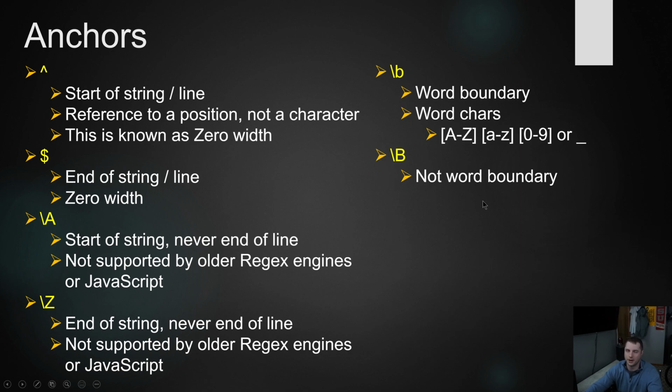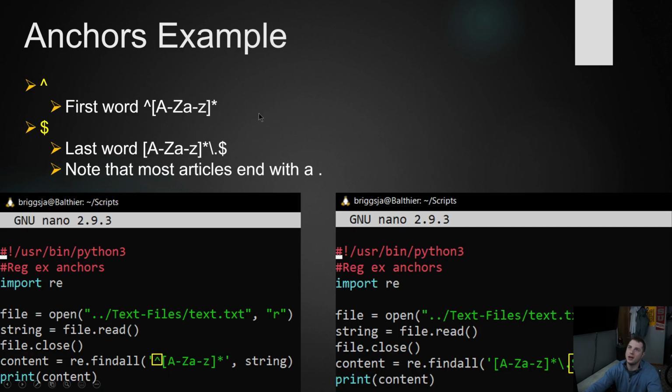And \B, not a word boundary. Sometimes you need these. I've needed this before, and I think I've used that once. Again, cheat sheet, and work your way through it. It's an iterative process.